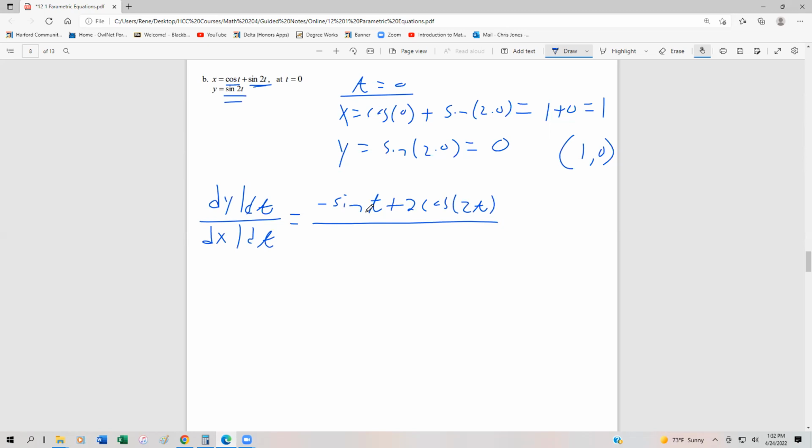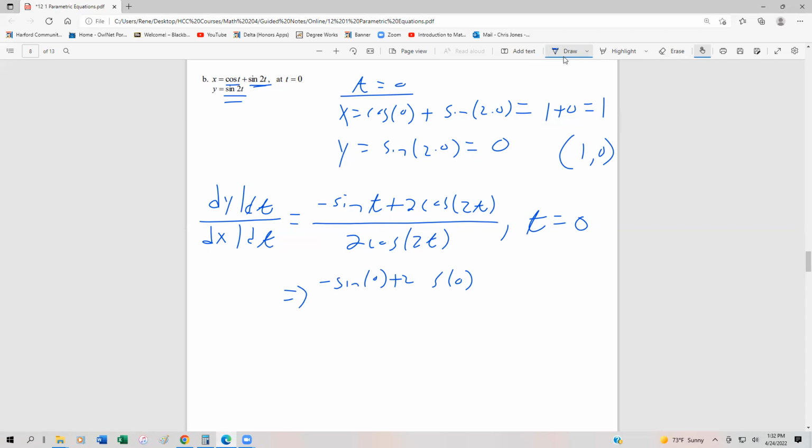And then in the denominator, we have another 2 cos of 2t. Remember, we're looking at the point when t is equal to 0. So if we substitute that back in, we get negative sine of 0 plus 2 cos of 2 times 0, and then we divide that by 2 cos of 0.